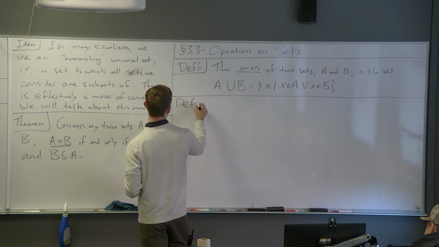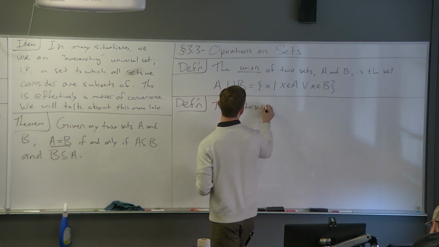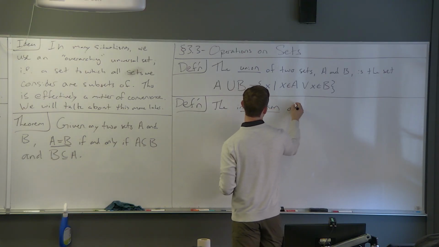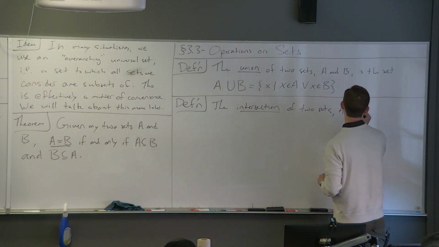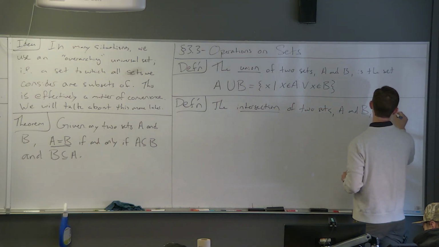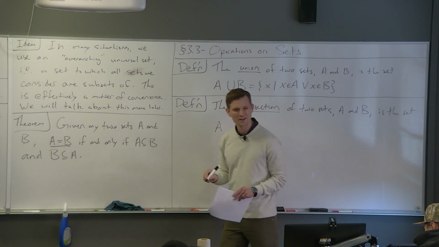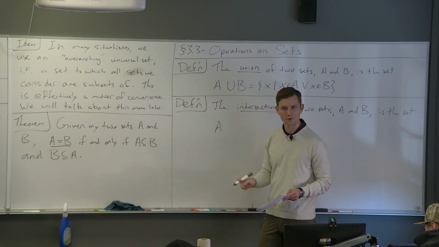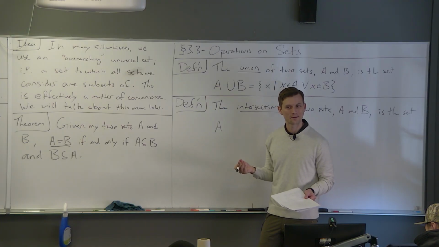Likewise, we can define the intersection of 2 sets. So, definition: the intersection of two sets A and B is the set A, and since this is kind of like the same thing as the union, but instead of going up we go down, what could we use to denote it?